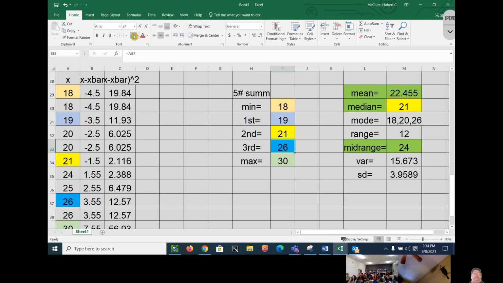And now you're ready to draw your number line. And your number line is going to consist of your min of 18, your max of 30, and your mid-range of 24.